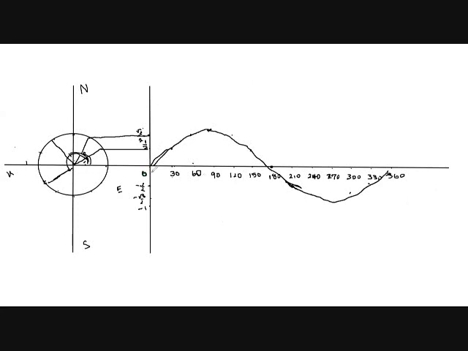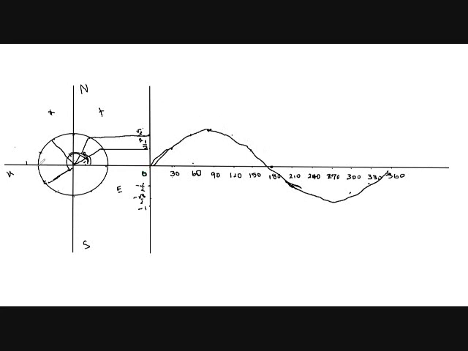So this, you can see we got this graph, like a sine function graph. And you can observe when you plot from 0 to 180, it's all plus sign, right? That means from 0 to 180 is a plus sign, above the x-axis.